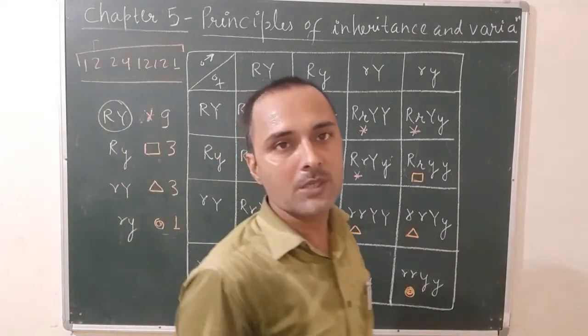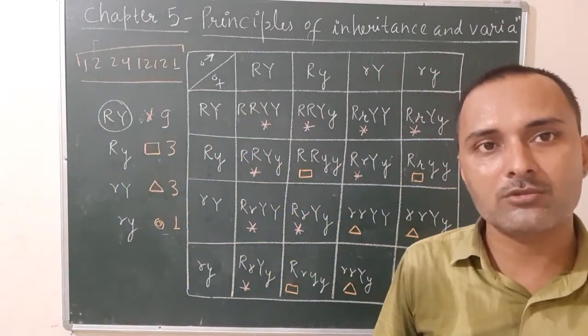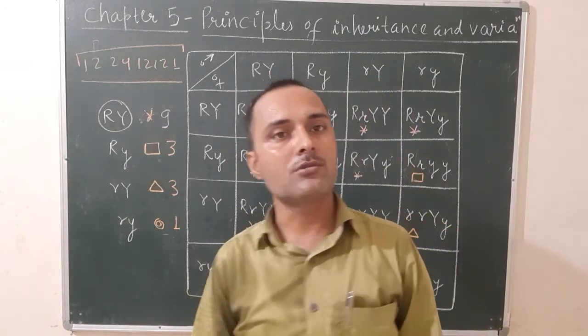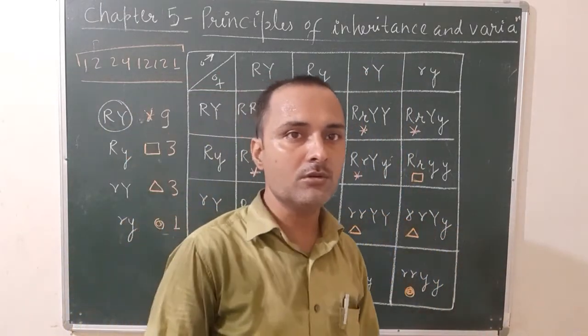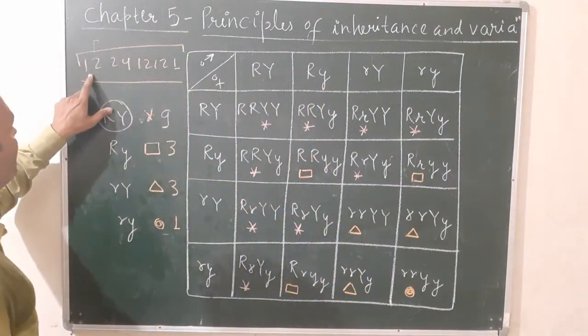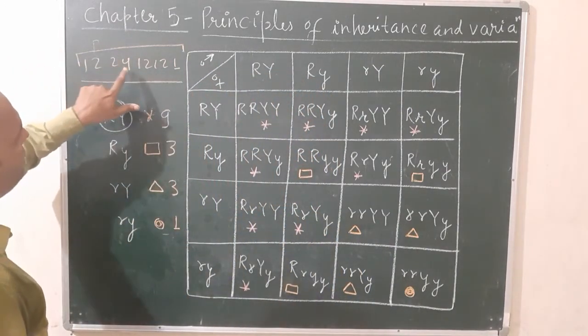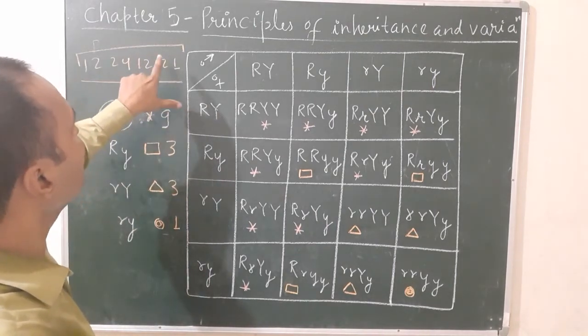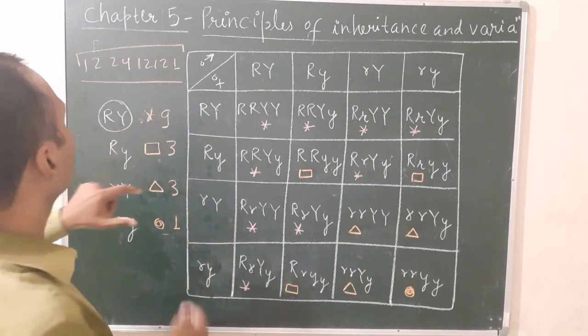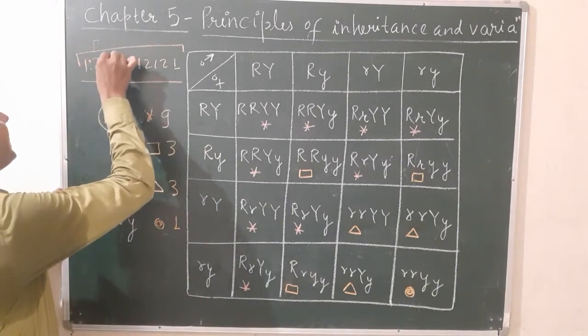So what is the phenotypic ratio of the dihybrid cross? The answer will be 9:3:3:1. And what is the genotypic ratio? It will be 1:2:2:4:1:2:1:2:1.